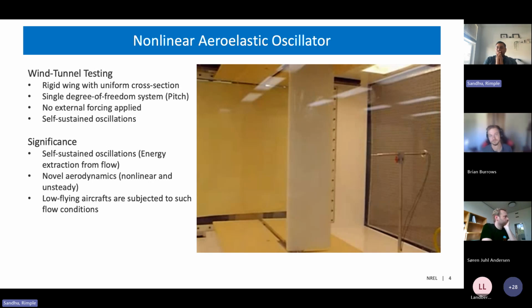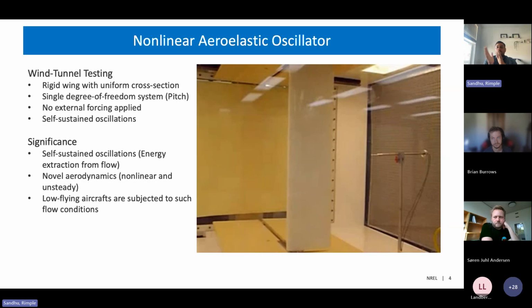Now, why do we need to understand this system and why is it important? Whenever you hear self-sustained oscillations, you quickly jump to, oh my God, you can extract energy from it. You can generate power from it. So we need to understand what kind of aerodynamics we're dealing with. It could be nonlinear aerodynamics, unsteady aerodynamics. By capturing the pitch displacement, can we figure out what kind of aerodynamics we're dealing with in terms of parametric representation?